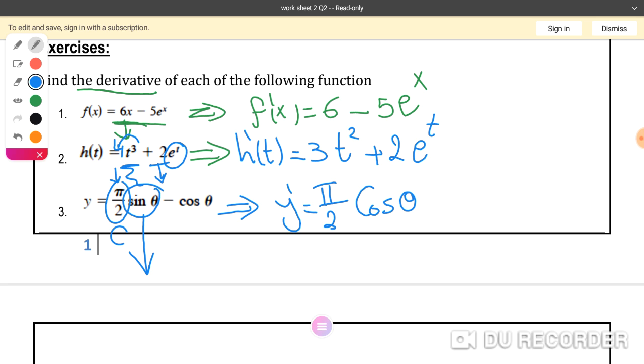In this case, I find the derivative with respect to theta, as the variable of this function. Here, minus, but this one has a negative, so it will be plus. What is the derivative of cosine? Sine theta. Clear or not clear? I hope you understand.